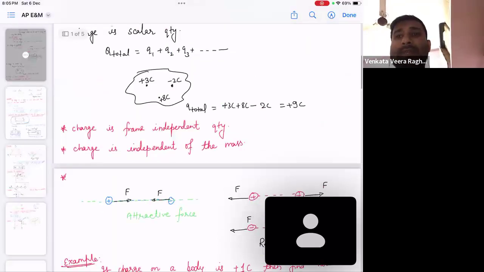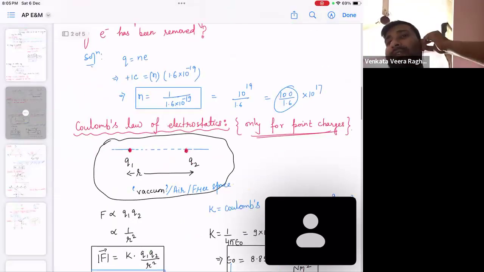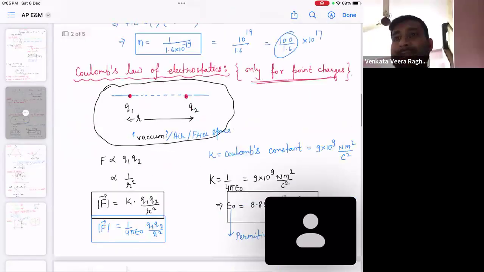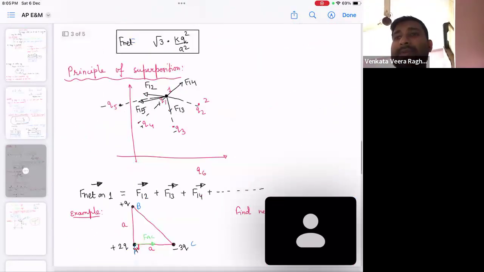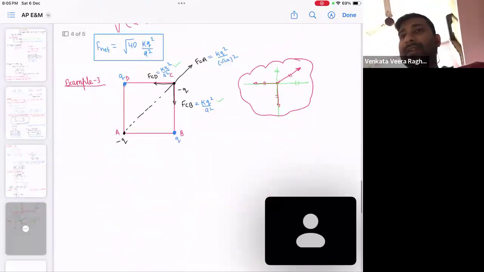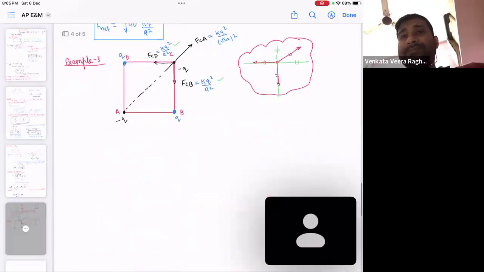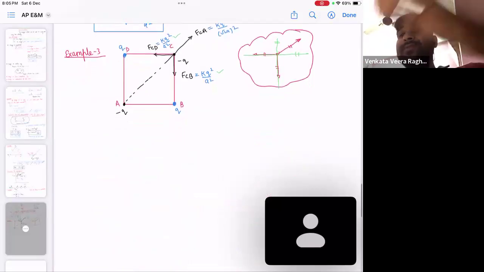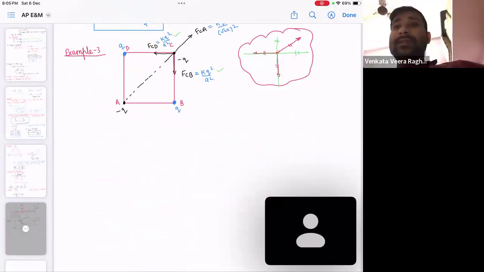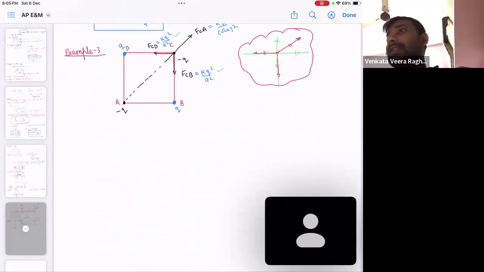So last class, we discussed Coulomb's law, isn't it? We also discussed the principle of superposition, where we calculated what the force on a particle will be if more than two particles are applying force on it. That is one more thing we discussed in yesterday's class.